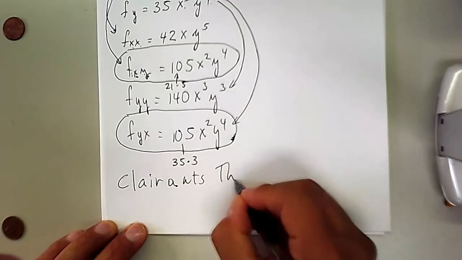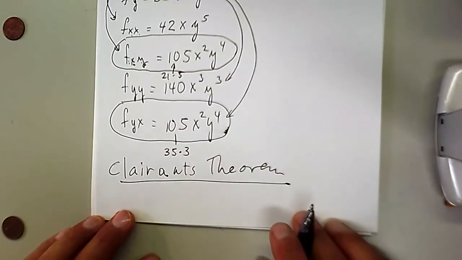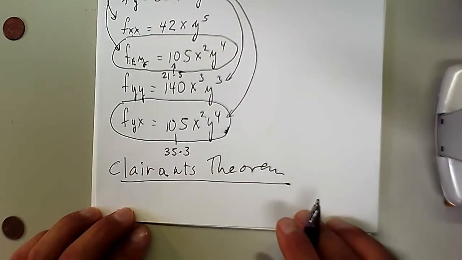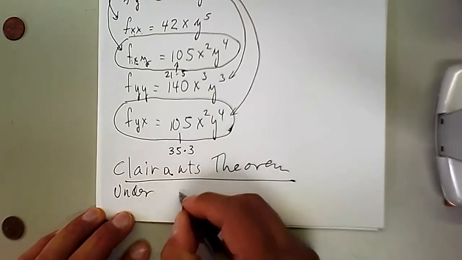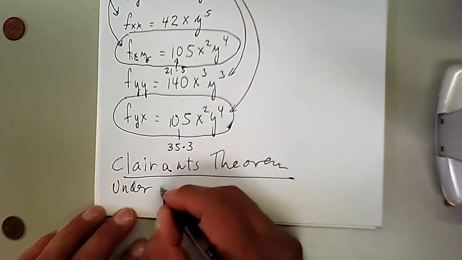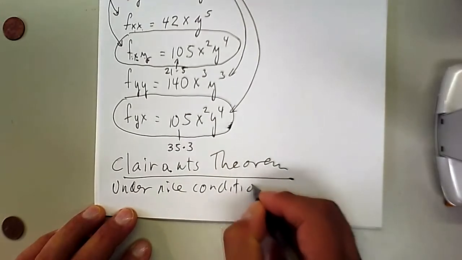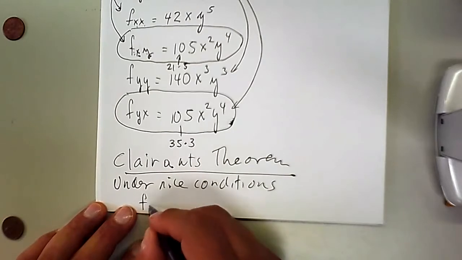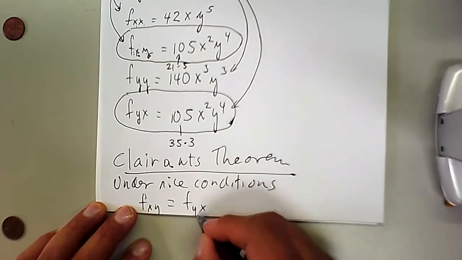Clairaut's theorem states that if things are nice enough, and most of the time things are going to be nice enough, so under, this is very informal, under nice conditions, f sub xy is going to be the same as f sub yx.